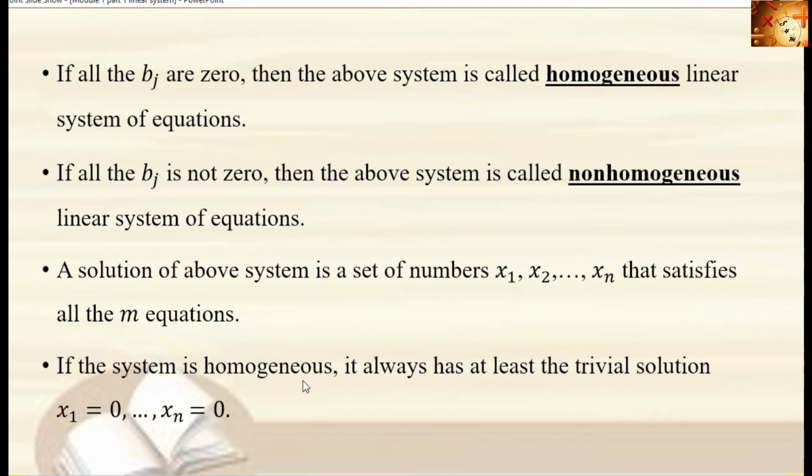If the system is homogeneous, that means all the bj's are 0, then the system has at least the trivial solution, that is x1, x2, etc., all the variables equal to 0. That means the trivial solution. So these are the basic terms which are related to the system of equations.